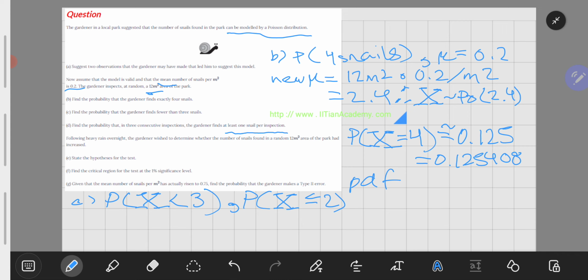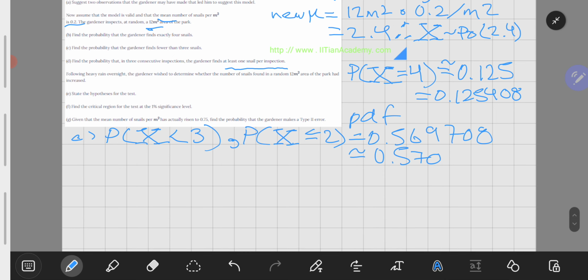And if we look at our probability distribution function, our answer would come out to be 0.569708, which is approximately just 0.570.